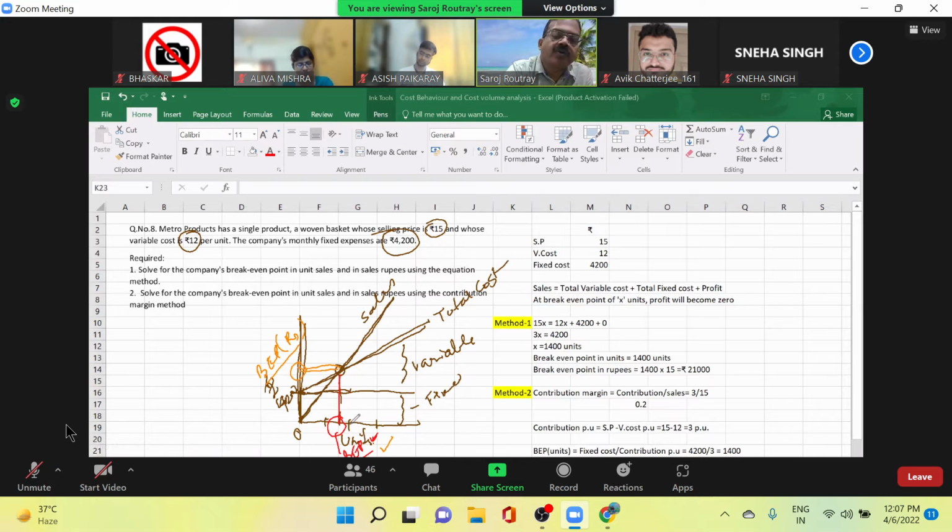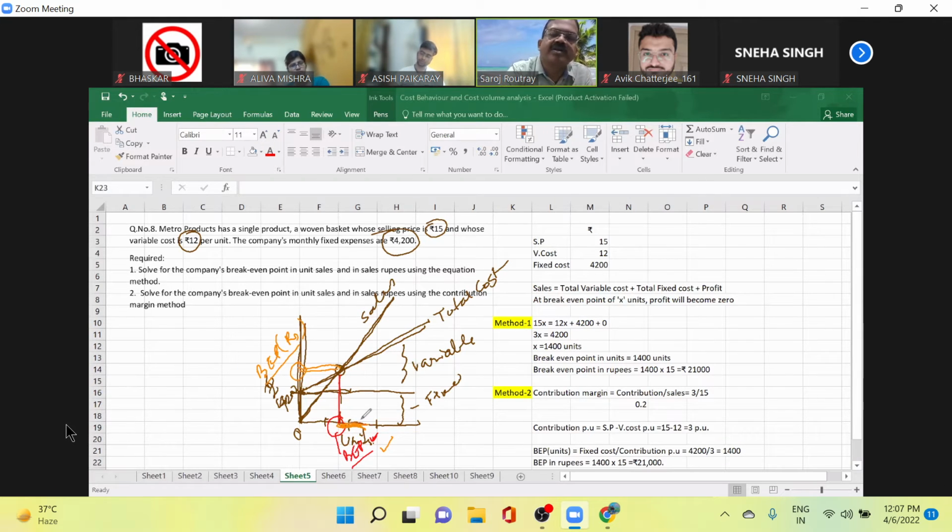Now, if I sell anything more than this BP, I sell it here. What is it? It is the safe area. I sell anything here. So suppose my sales is here. So this is from this number of units to this number of units.